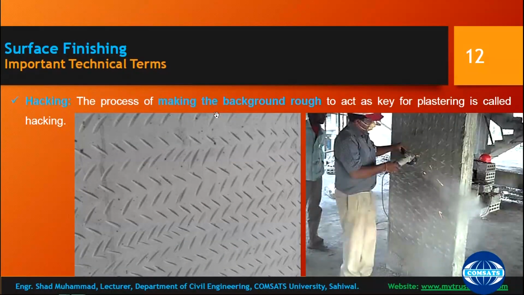Alright, hacking. The process of making the background rough to act as a key for plastering is called hacking. As you know, if you directly apply plastering on reinforced cement concrete, it will not adhere to the surface, and it will form some lumps on the surface, and with the passage of time it will start disintegrating and will fall from the surface.